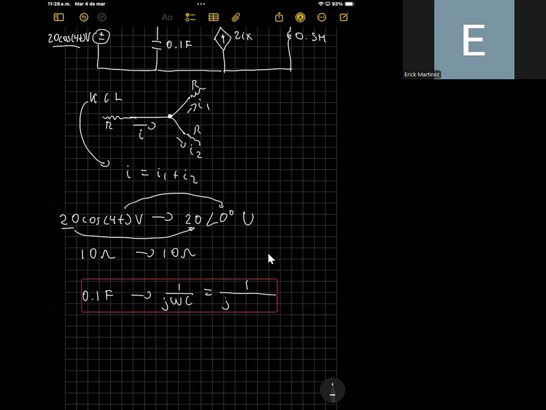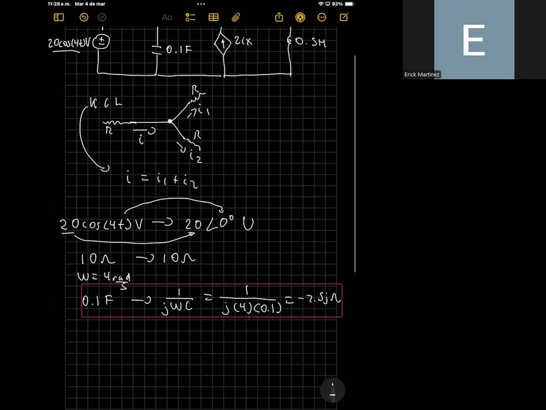Omega is determined by the frequency of the sinusoidal, that in this case is 4 radians per second. So here we have 1 over J times 4, times C, that is the capacitance value, 0.1. And this will be equal to minus 2.5 J ohms.